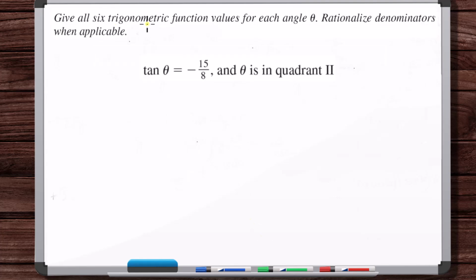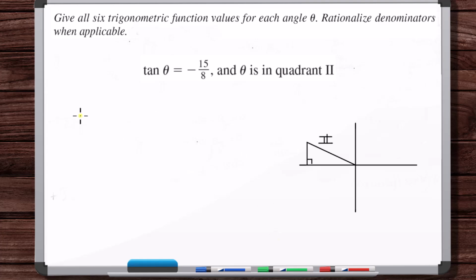Okay, give all 6 trigonometric function values for each angle theta. Rationalize denominators where applicable. All right, so it gives us the tangent of theta, and it also tells us that we're in quadrant 2. So let's use trig identities to find any other trig function.